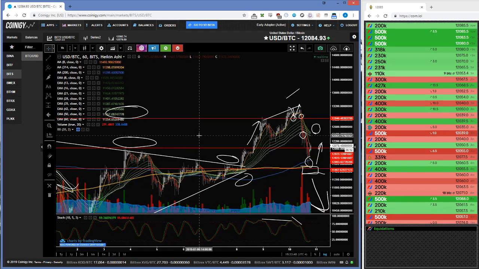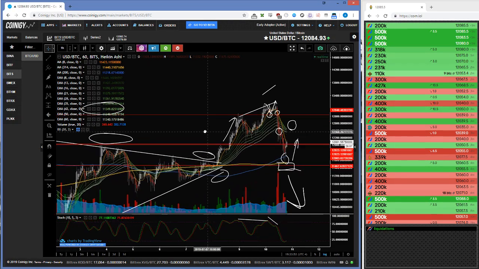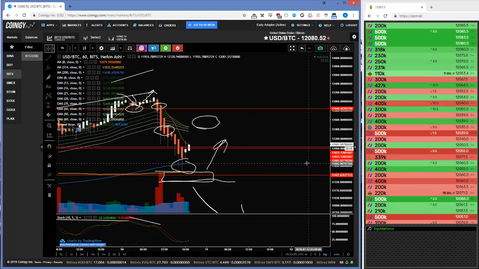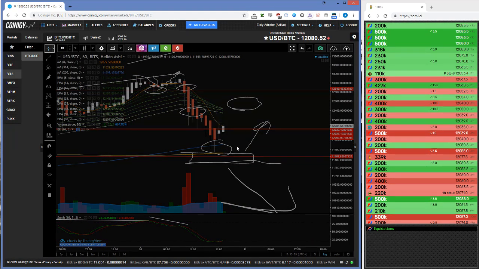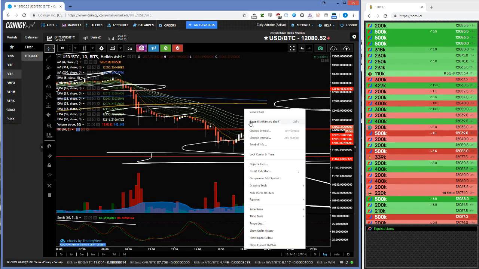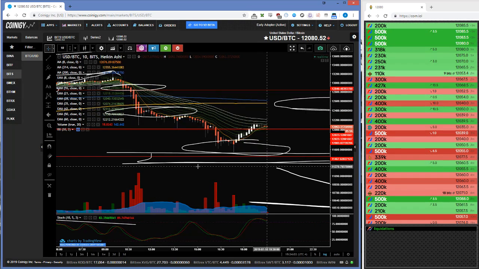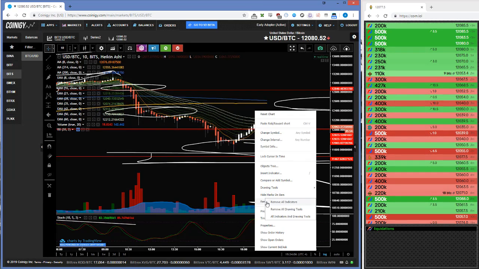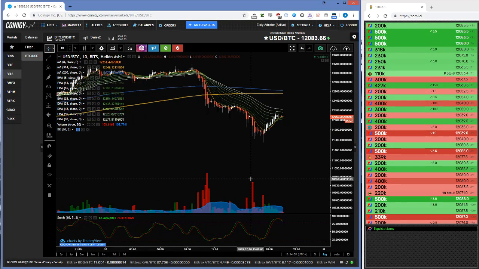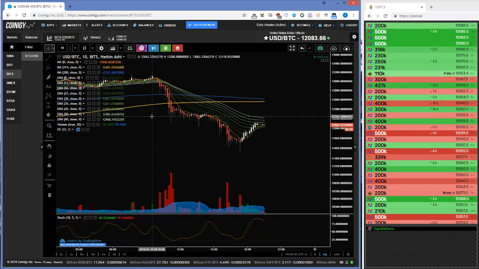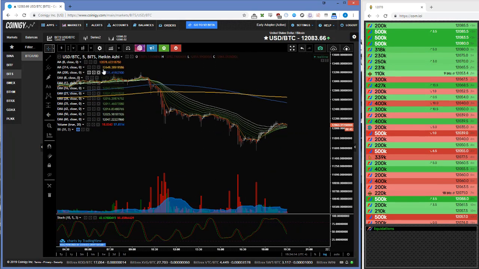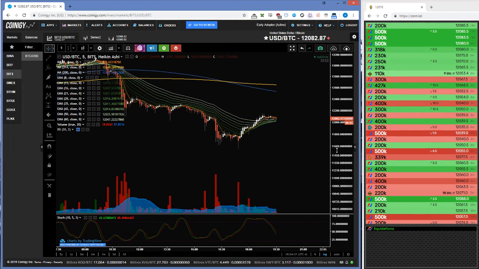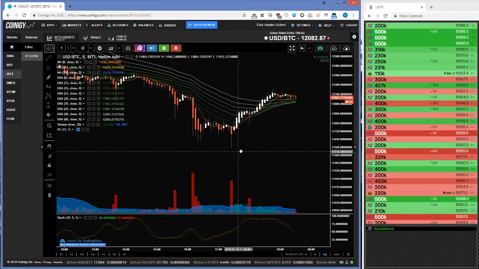They tap the liquidity pool and then they reverse. And that's also what happened right before we reversed.